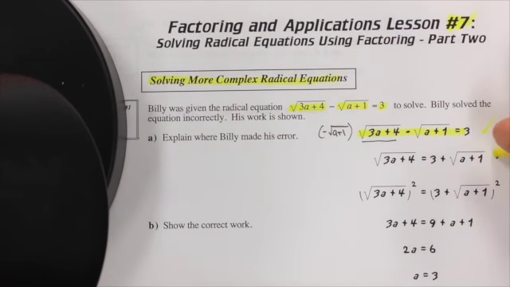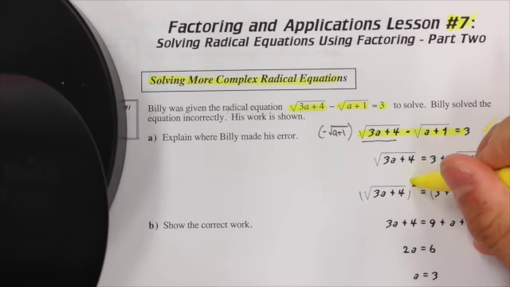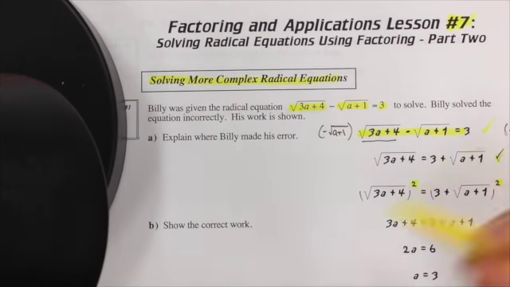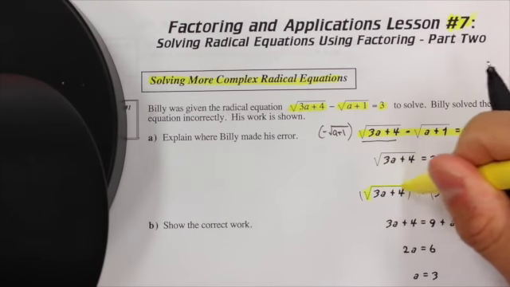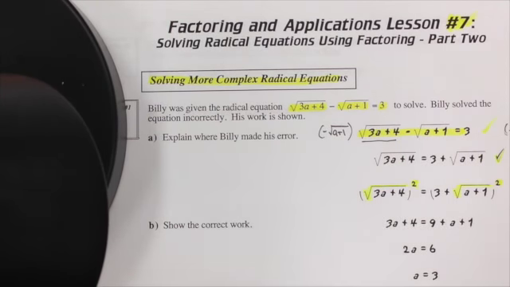You can do that. And then he squared both sides in order to get rid of the radical sign here and this radical sign here, and that is also correct. That's allowed.